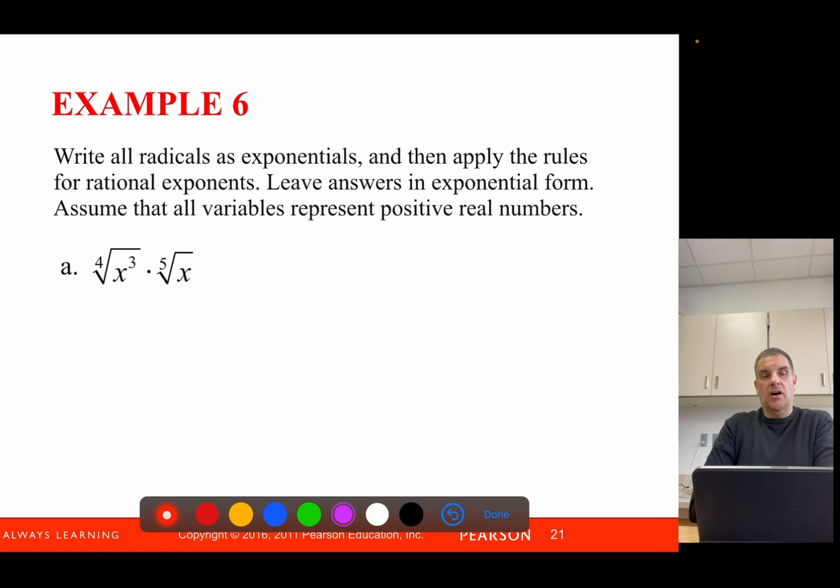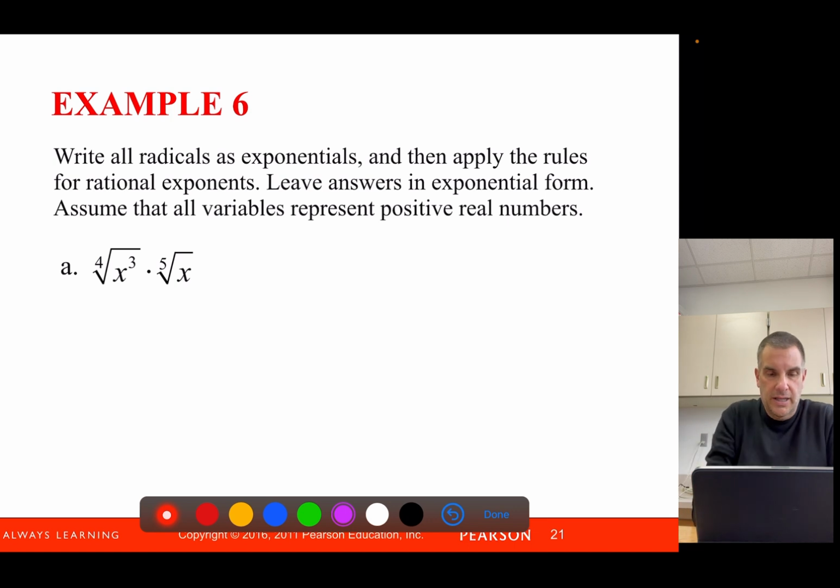Next one, it says write all radicals as exponentials, and then apply the rules. So in this case, we've got them as radicals, but we want to apply the rules that we just used. So we have to take these and do what we did in the last lesson and rewrite them. So we're going to rewrite the 4th root of x cubed times the 5th root of x.